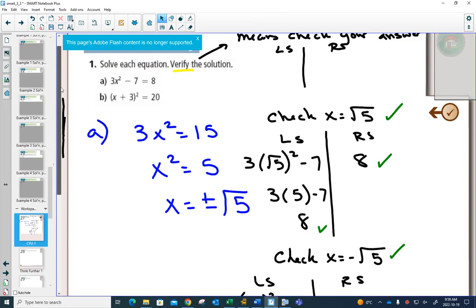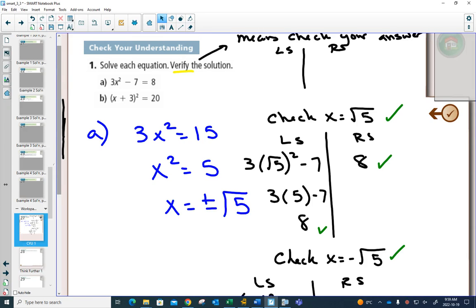And you're also going to find, okay, these equations that we're solving with an x squared, I will quite often not ask you to verify solutions because I'm going to make your life easy. These are called quadratic equations. Quadratic equations, if an answer works, it will work.